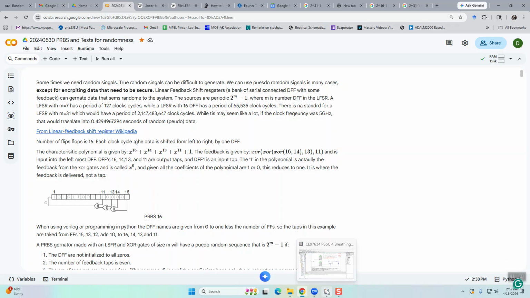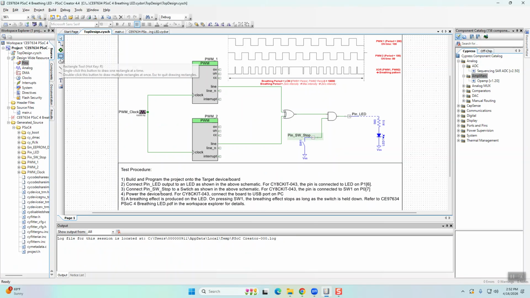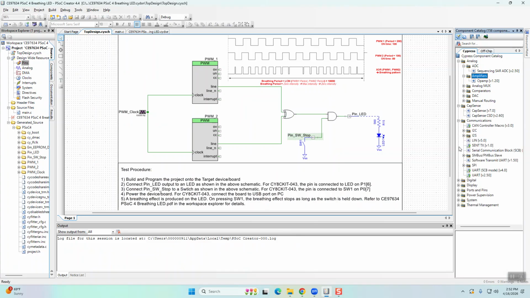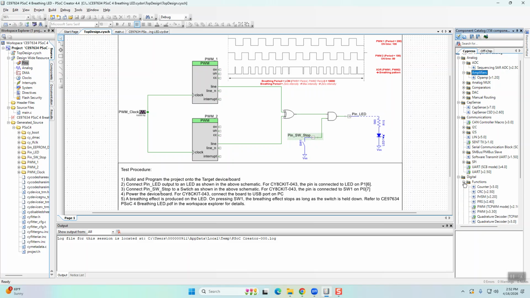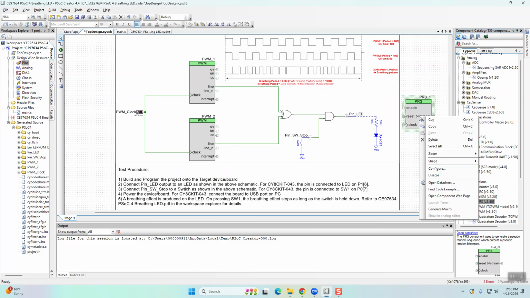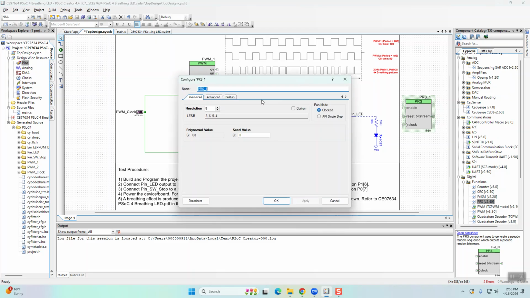In PSoC, this is bonus material, they actually have a part that you can configure: how many flip-flops, what is the seed value.